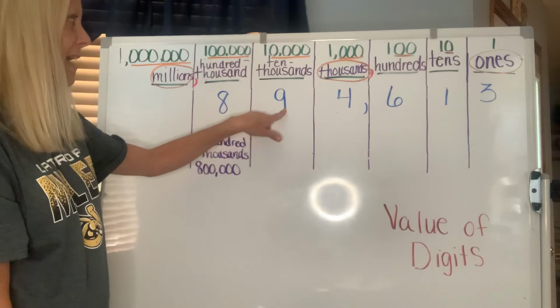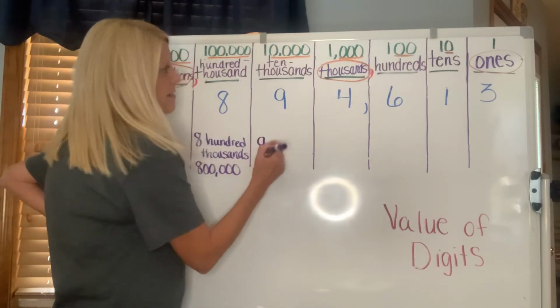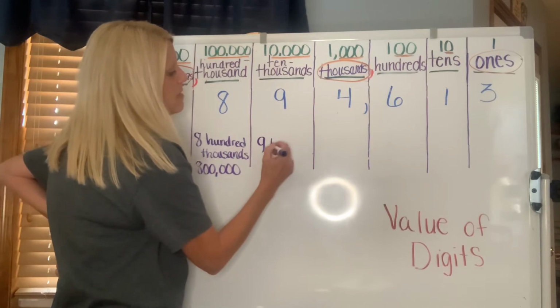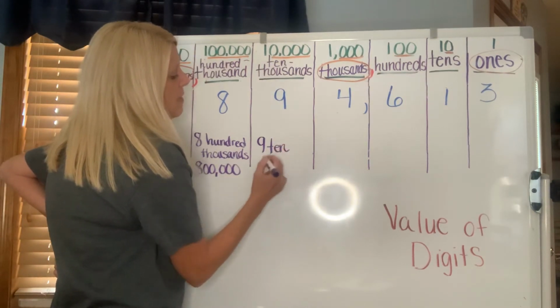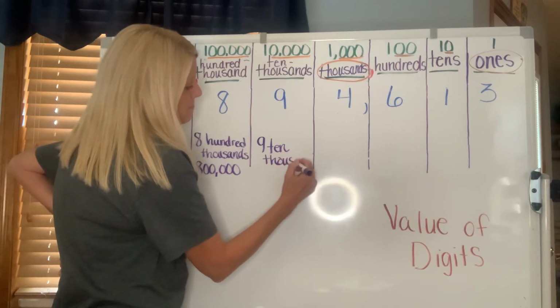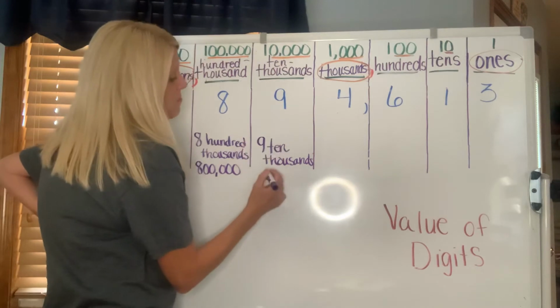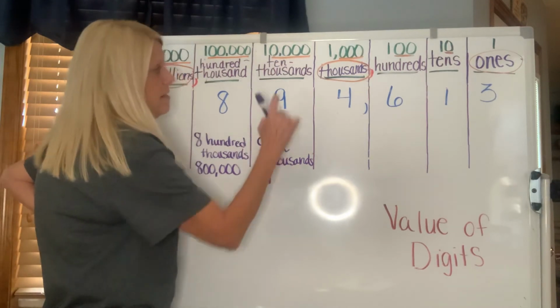Let's look at the 9. The 9 is in the 10,000s place value. So we have 9 10,000s, and written in standard form is 9.